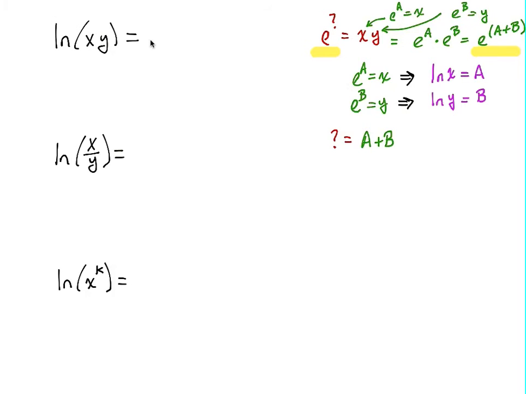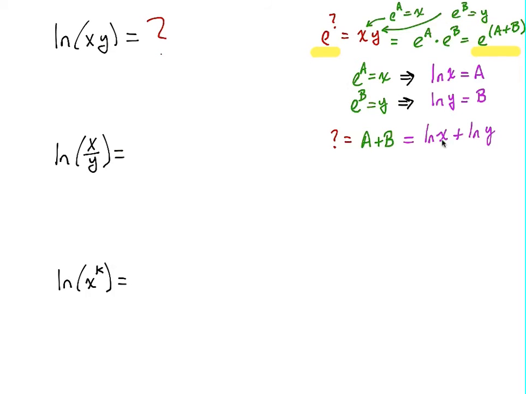Remember, we were looking for that. What is the natural log of x times y? Well, e to the something is equal to e to the a plus b, which means that something must be a plus b. We've just established that a is the natural log of x and b is the natural log of y.